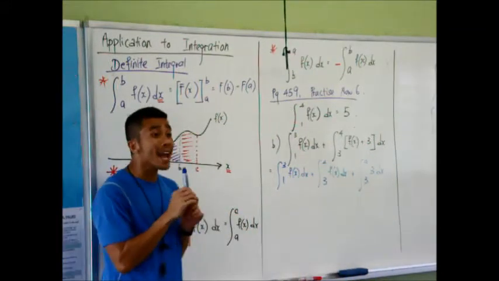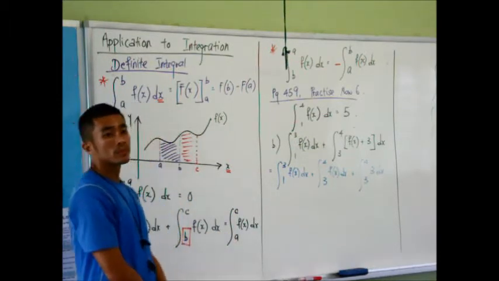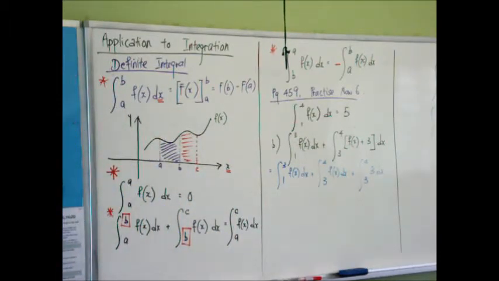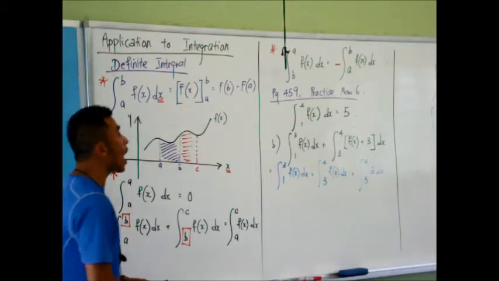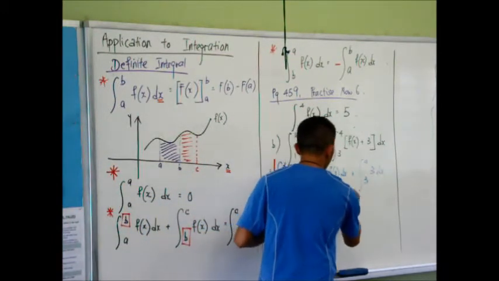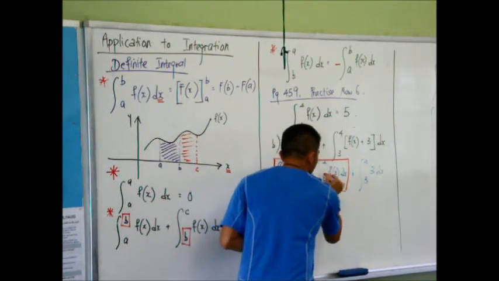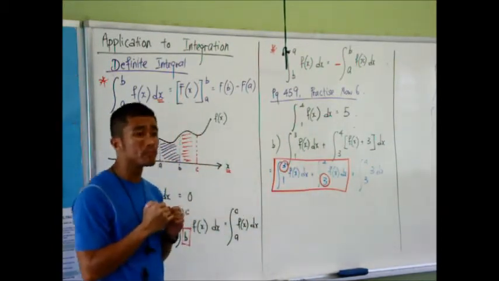Now, is there anything I can do over here? Yes, Kai Jie? Okay, use this particular relationship that we found out just now. Why do we say that? Take a look over here. Can you see the upper limit and the lower limit here is the same?